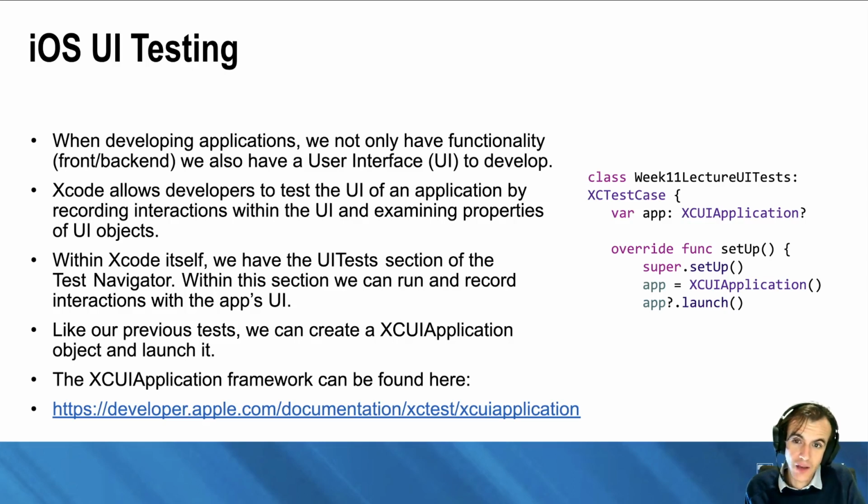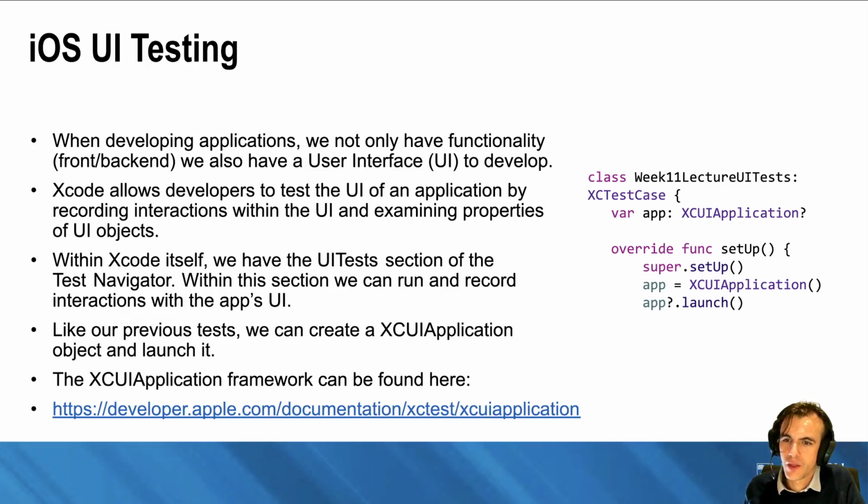So Xcode allows us a way to test the UI of an application, and it does this by recording interactions within the UI and then examining the properties of UI objects. We have a particular test target for UI tests, and within this we can run and record interactions with our app's UI. You can set it recording, do some interactions, and it will generate code for you.